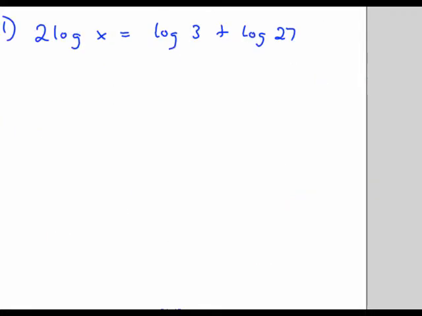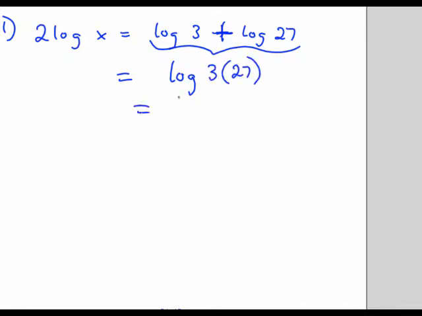So here we have a longer equation, and a couple things I look for when I'm doing log equations is, do I have the sum or difference of logs? Because I know that this is a property. If you add the logs, you can multiply their arguments. So this would be 3 times 27, in other words, log 81.